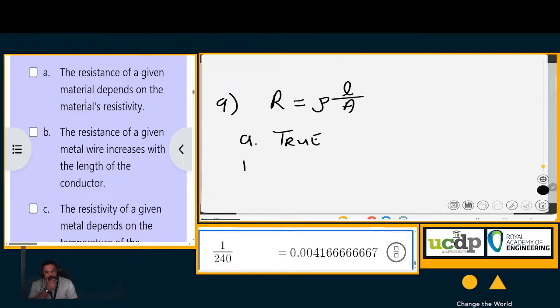Resistance depends on the resistivity. B, is it true or false? The resistance of a given metal wire increases with the length of the conductor. True.